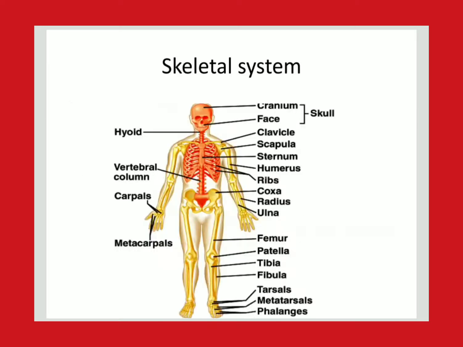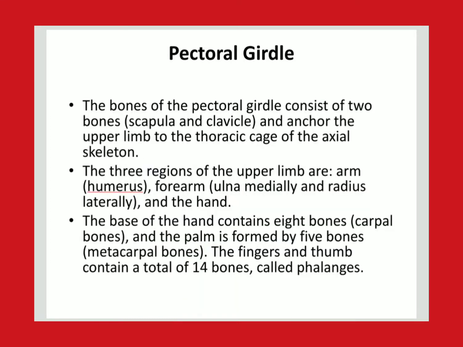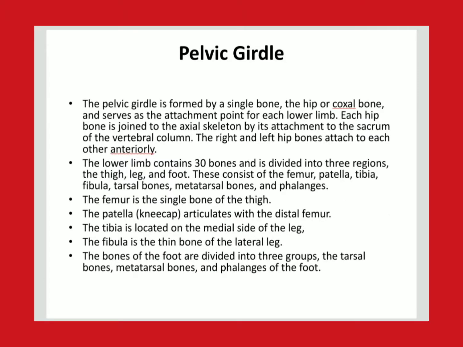The base of the hand consists of 8 bones, the carpals, and the palm is formed by 5 metacarpal bones. The fingers and thumb contain a total of 14 bones called the phalanges.